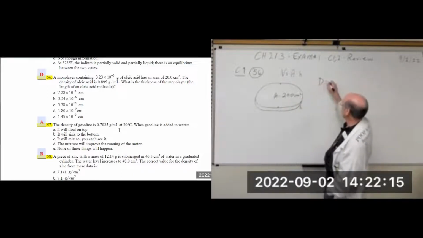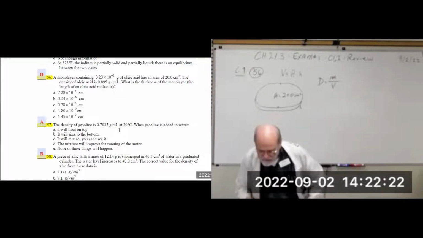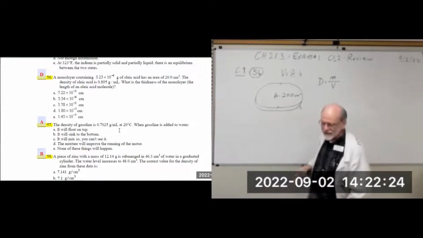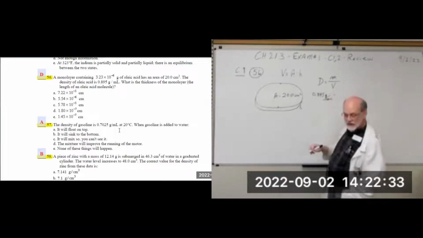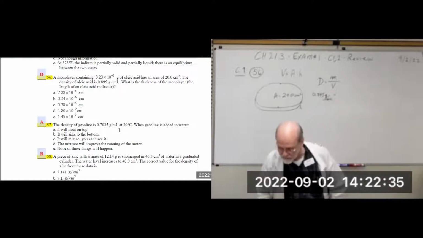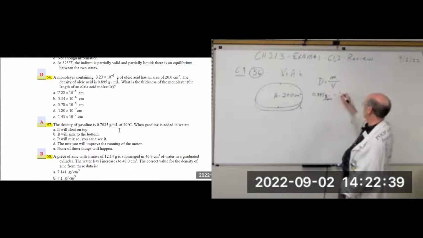Remember, density equals mass per unit volume. And we're given the density here as 0.895 grams per milliliter. 0.895 grams per milliliter equals, and we're given the mass of the oleic acid, 3.26 times 10 to the minus 6 grams.